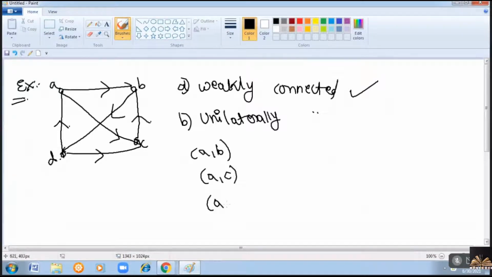If any one of the vertices in that pair is reachable from the other vertex, then we can say that it is unilaterally connected. Now consider the pairs of vertices. Let us check whether A is reachable from B or not. Can I reach A from B? Yes, you can reach. B to D, D to A.